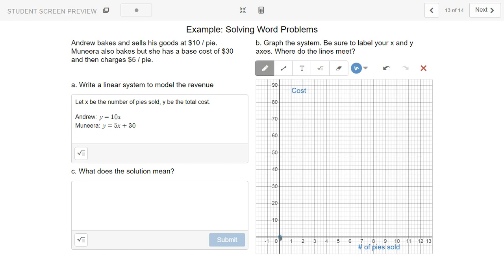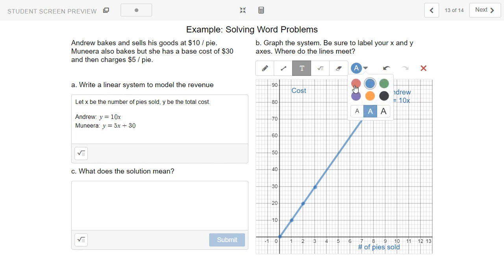Okay, so we're rising by 10 and running by 1. Rise by 10, run by 1. Okay, we can extend this line to here. So this is Andrew, y is equal to 10x.